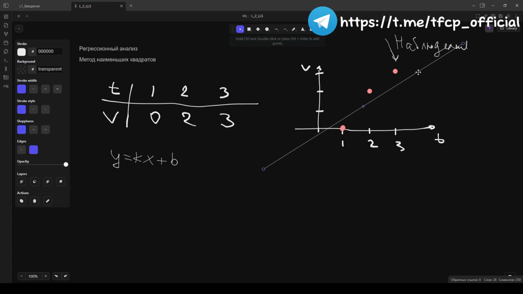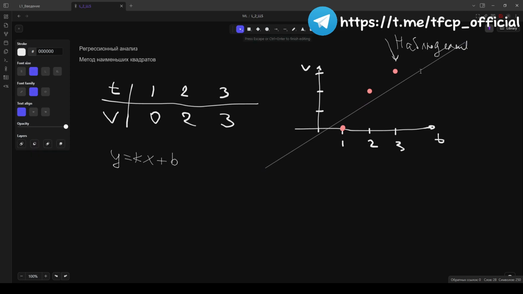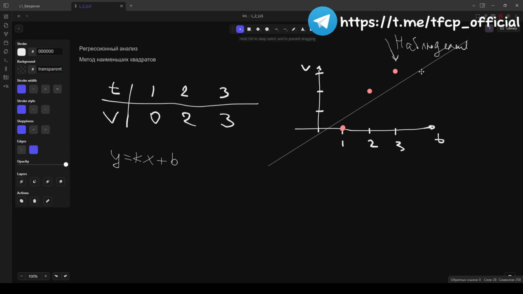Our task is to draw it as close as possible to these 3 points. What does it mean to be as close as possible? It means that we find the distance from each point to this line, sum all these distances, and we want this sum to be as small as possible.